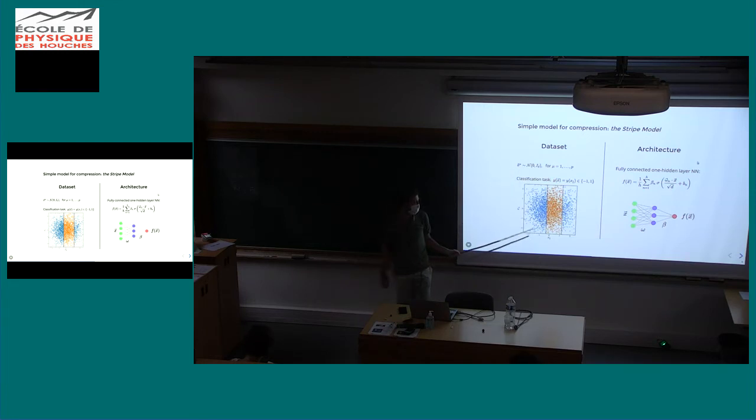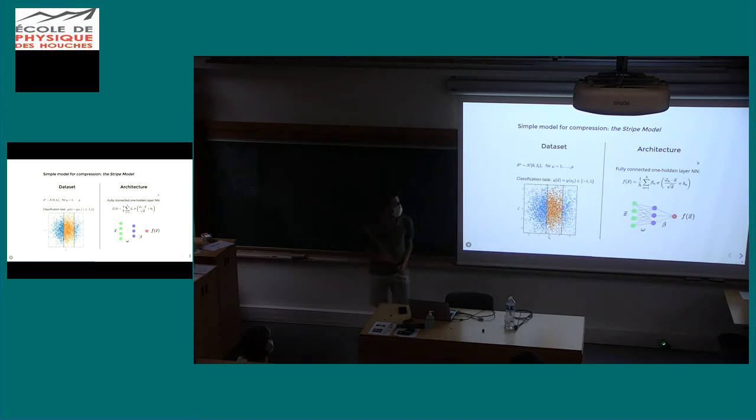If your labeling function depends only on one direction, and you have two labels and you color your points, what you can have is just stripes of labels, plus or minus ones. This is one instance of this kind of data set, which we call the stripe model, because it's just stripes of different labels.